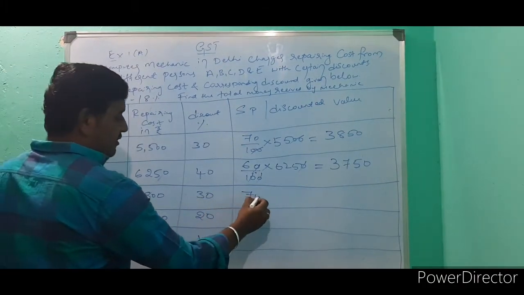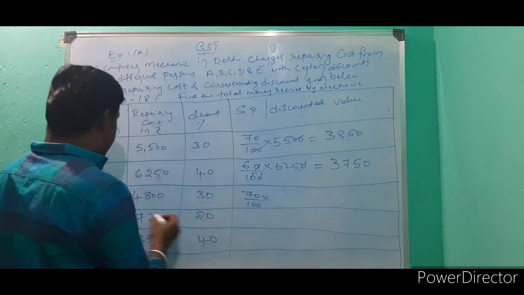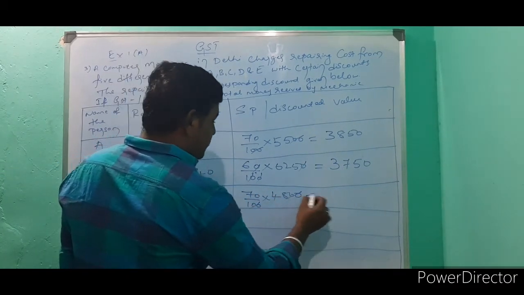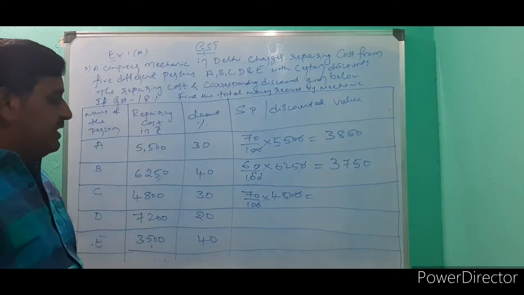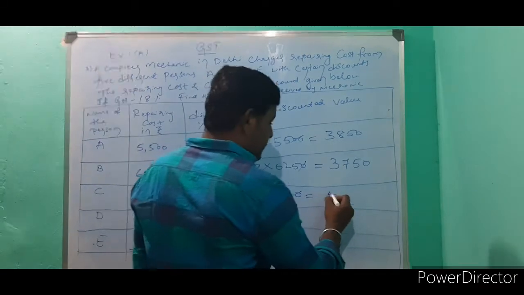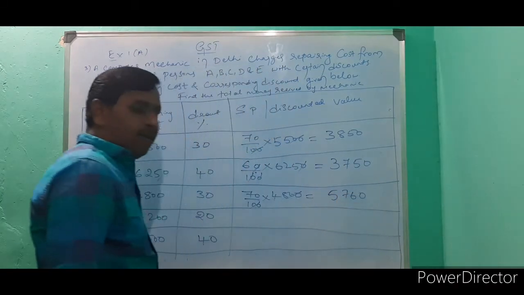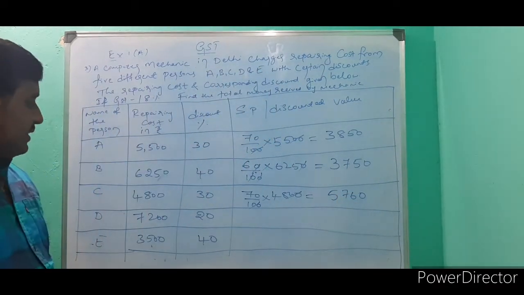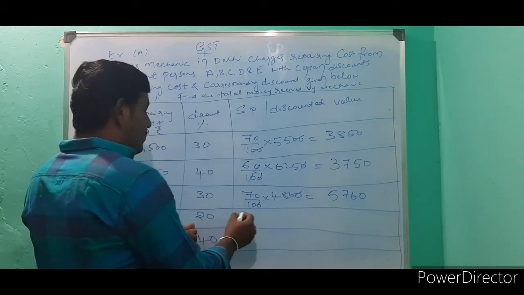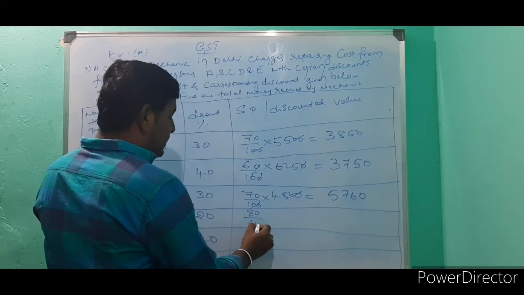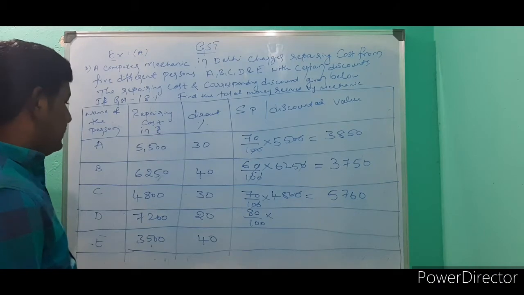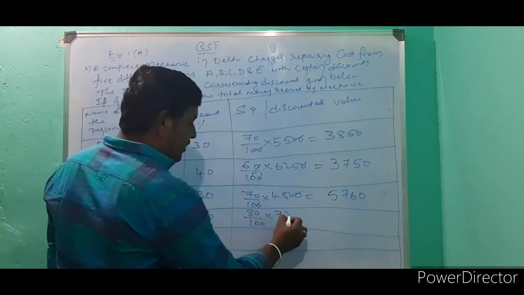For C, 30% means 70 divided by 100 into 4,800. You can cancel these two. If you multiply 70 into 48, you will get 3,360. Then for D, 20 is the discount, so the discounted value is 80% of 7,200.